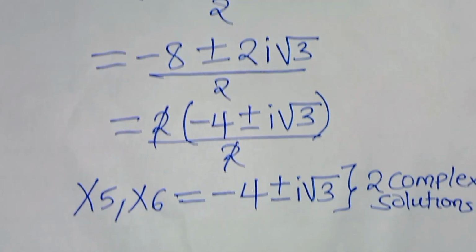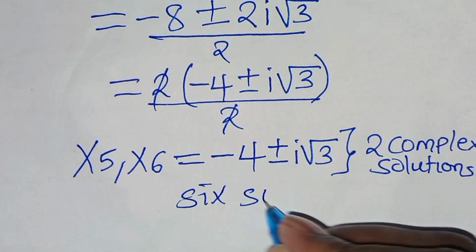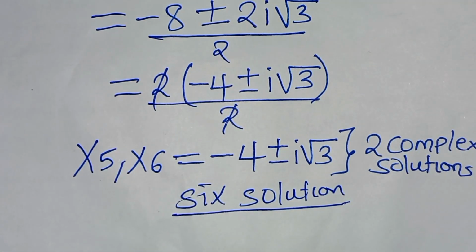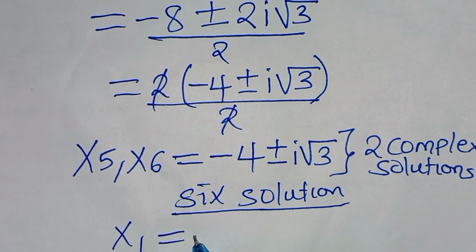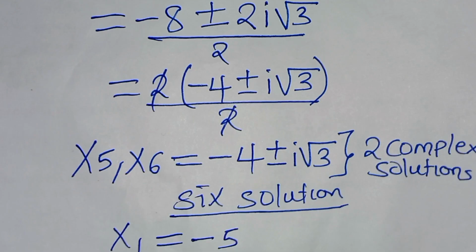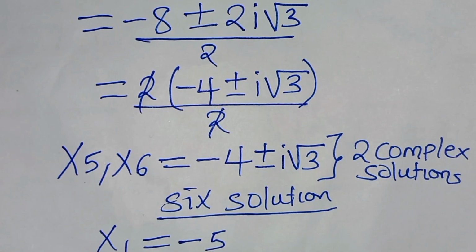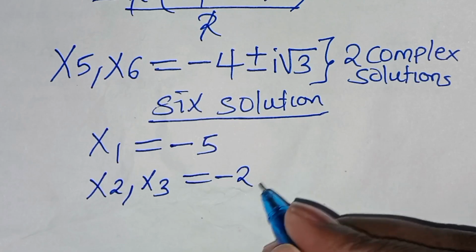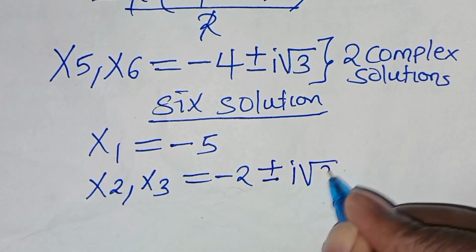And this implies that we have 6 solutions to this exponential problem. We have x1 is equal to minus 5. Then we have x2, x3, which is minus 2 plus or minus i square root of 3.